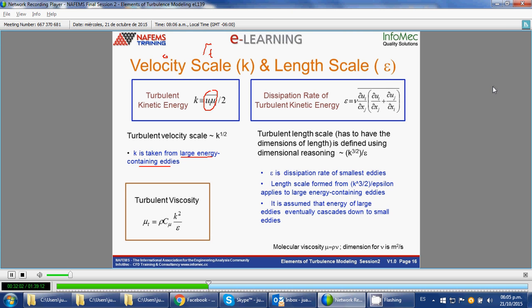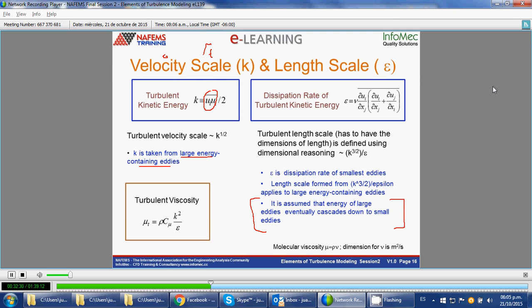Epsilon is going to give us the dissipation rate of the smallest eddies, but again, it is based on the assumption that the smallest scale eddies are going to be coming from the same large scale eddies.